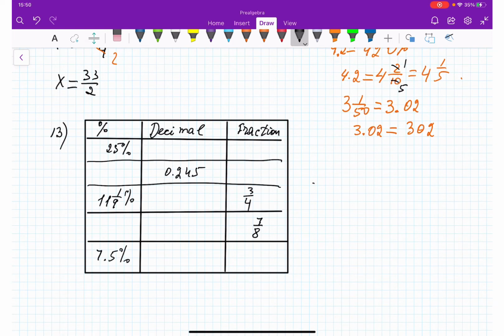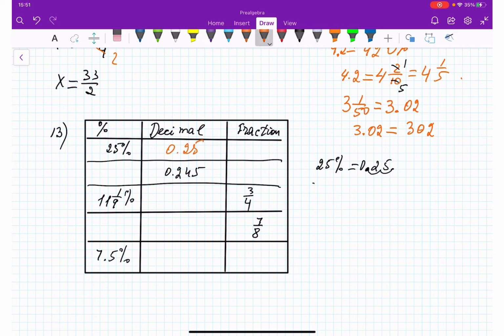So 25%, to convert to decimal, what do we do? We divide, right? 25, decimal is here, so moving by 1 and 2: 0.25.